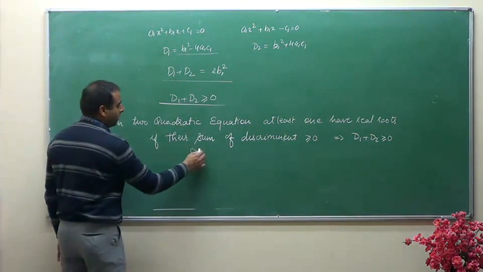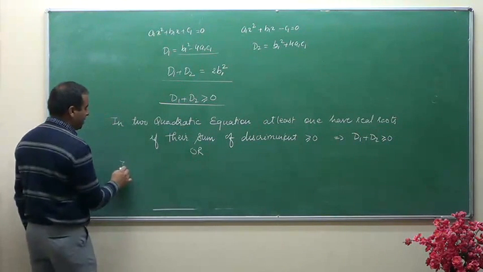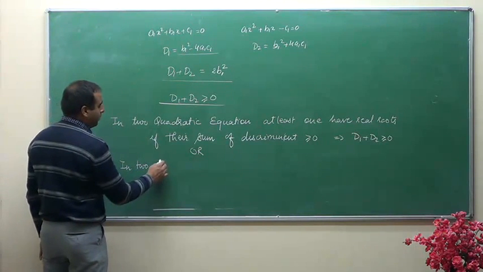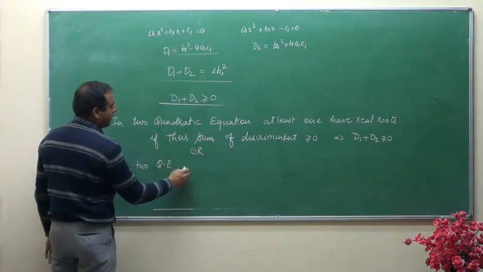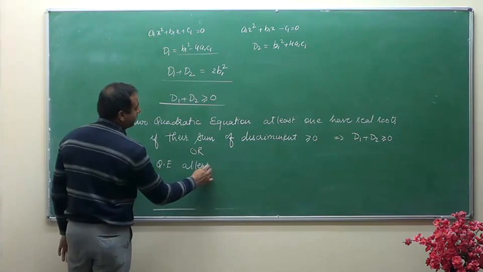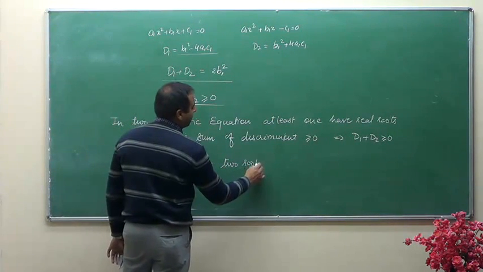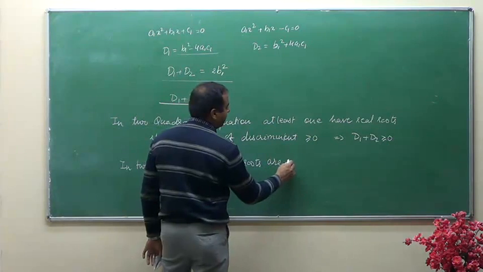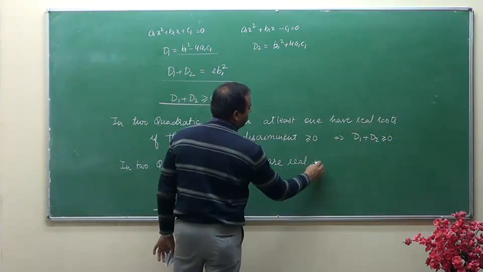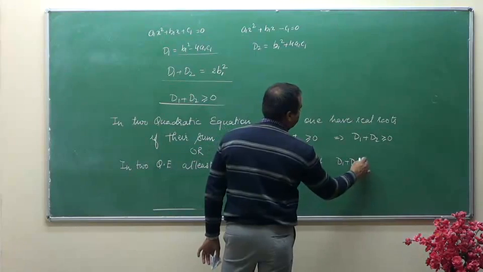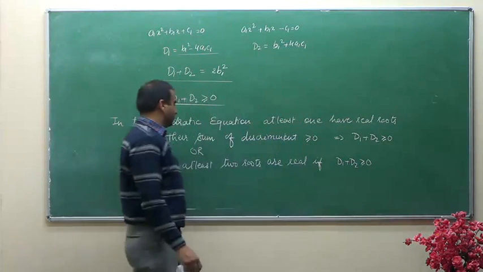Or in two quadratic equations, at least two roots are real if d1 plus d2 is greater than or equal to 0.